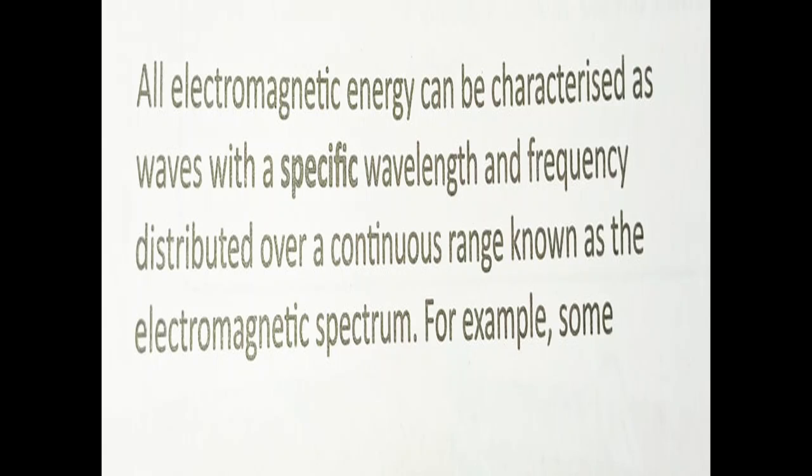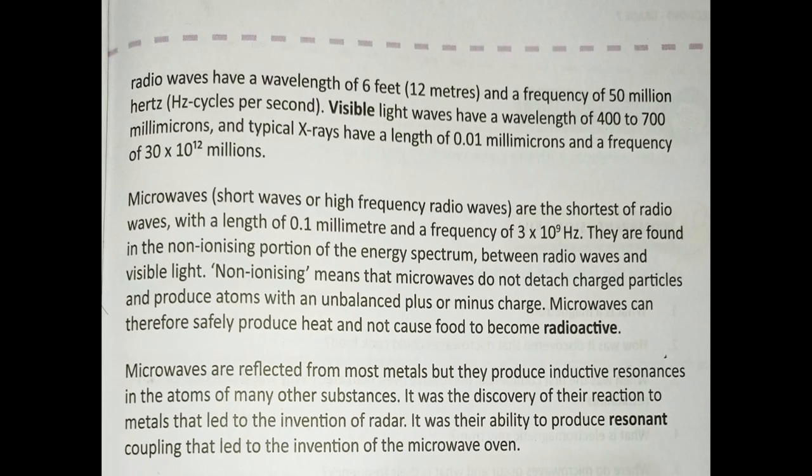So all electromagnetic energy can be characterized as waves with a specific wavelength and a frequency which is distributed over a continuous range known as electromagnetic spectrum. For example, some radio waves have a wavelength of 6 feet, which is about 12 meters, and a frequency of 50 million hertz or cycles per second.